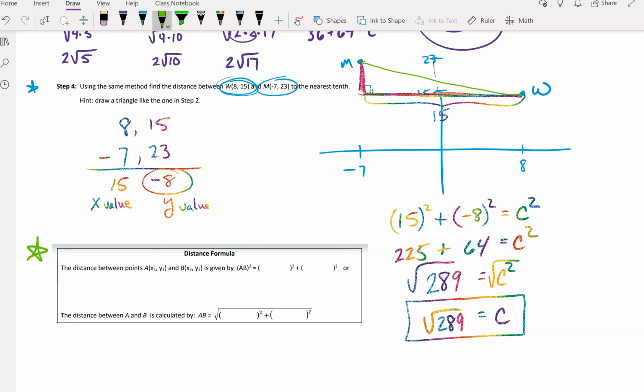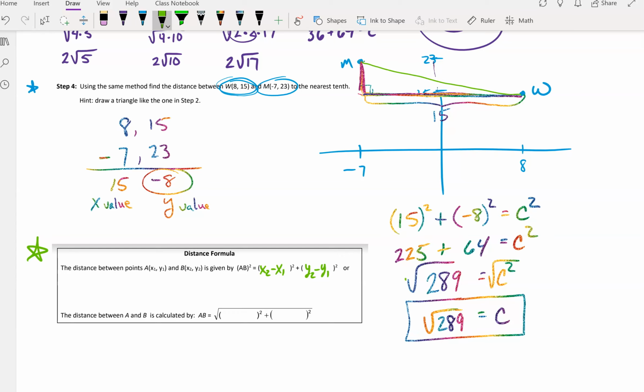If we have a point that is labeled x sub 1 and y sub 1, and another point that is x sub 2 and y sub 2, and the distance from A to B squared, that's our c squared, we can find it by taking x sub 2 minus x sub 1, subtracting our x values, y sub 2 minus y sub 1. It really doesn't matter which one is the sub 2 and which one is the sub 1. It's going to work out either way.